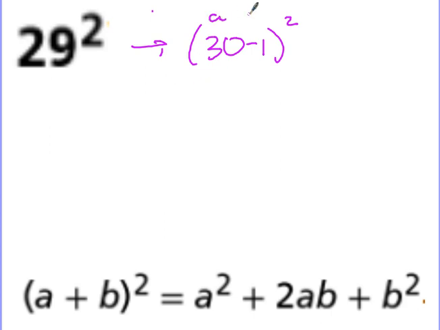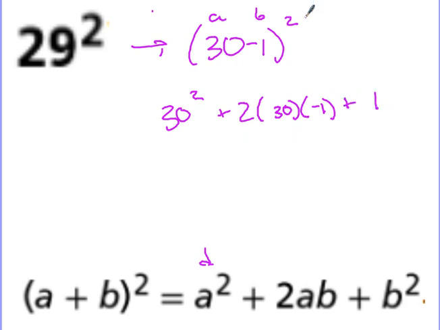So here's my a, here's my b. If I take 30 and I square it, that's following the a squared. Now I'm adding that with 2 times 30 times negative 1. Okay, so I did 2 times a times b, plus b squared, which is negative 1 squared, which is 1.